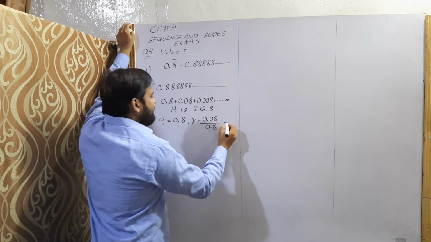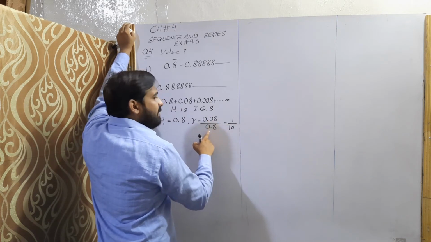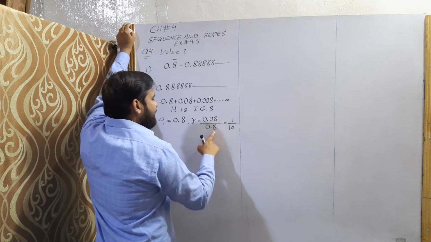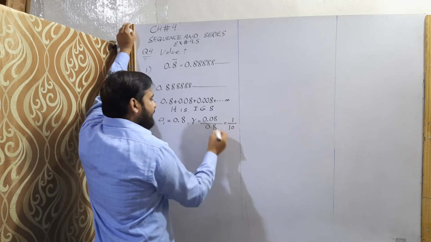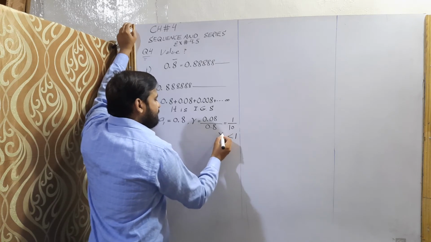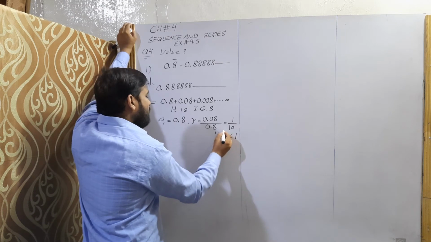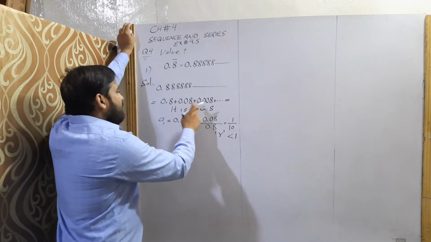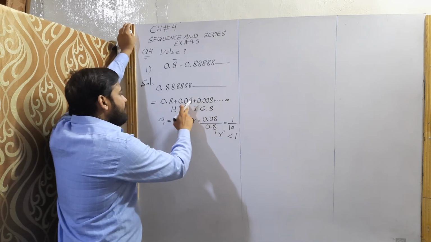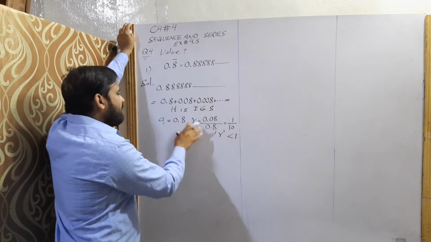After simplification, this is 1 by 10, because this is 1 by 100 and this is 10 by 8. So it is 1 by 10, 8 cancel. In this case r is less than 1. If we divide the third term by the second, then again the same result, which is 1 by 10. So it is an infinite geometric series.